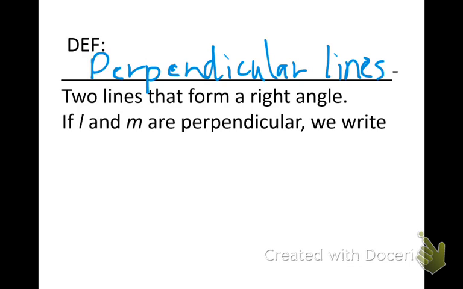L and M are perpendicular. If they're perpendicular, we write that like this: L, and then an upside down T is a perpendicular symbol. So we have L perpendicular to M.